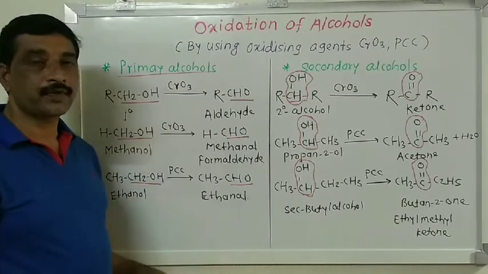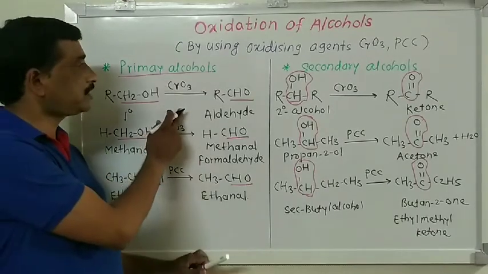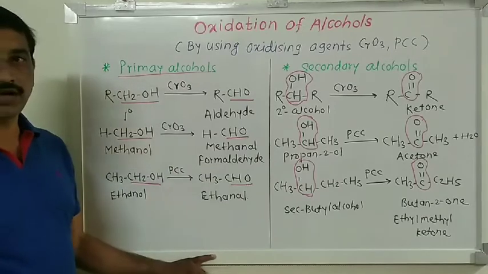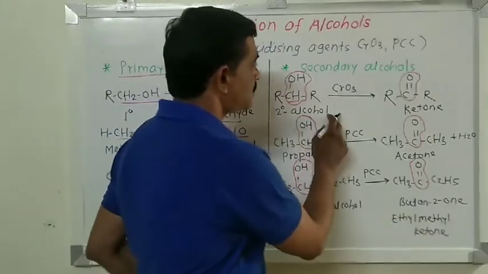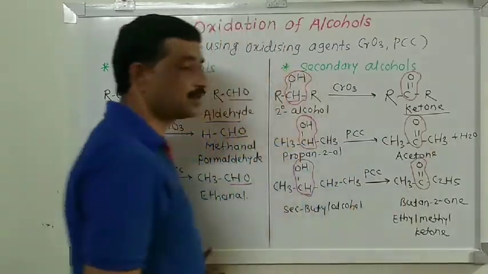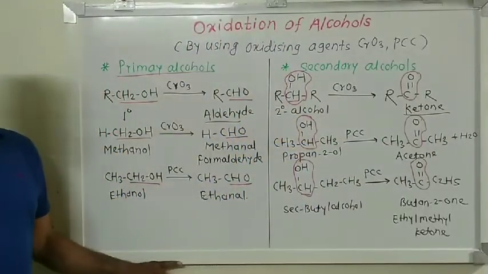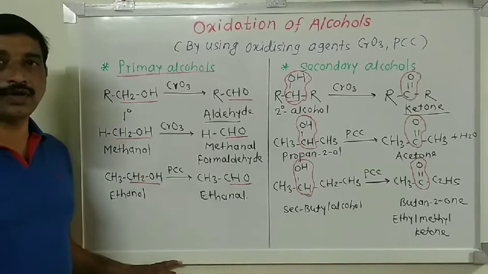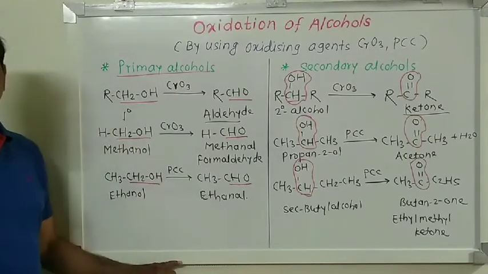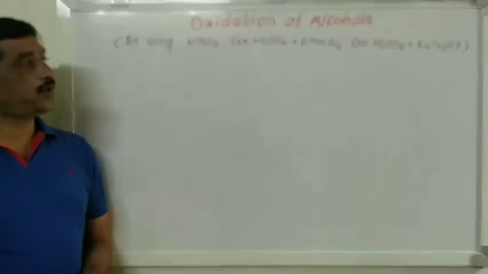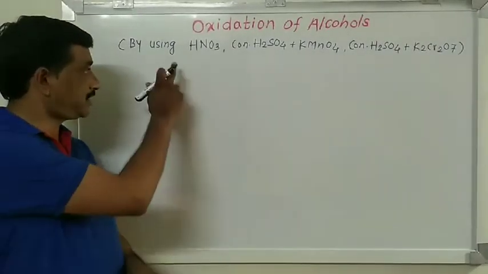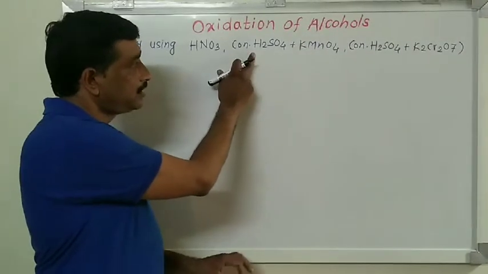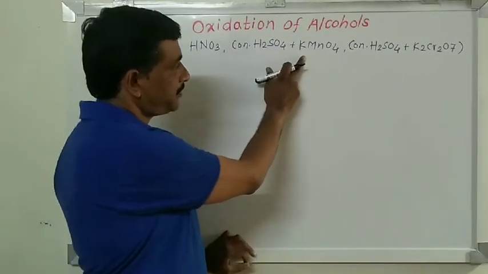So in this way, primary alcohols on oxidation with chromium anhydride and PCC give aldehydes, while secondary alcohols on oxidation give the corresponding ketones. Both aldehydes and ketones have an equal number of carbon atoms. That is very important. Then we are going to consider the oxidation of primary alcohols by using oxidizing agents such as nitric acid, acidified potassium permanganate and acidified potassium dichromate.